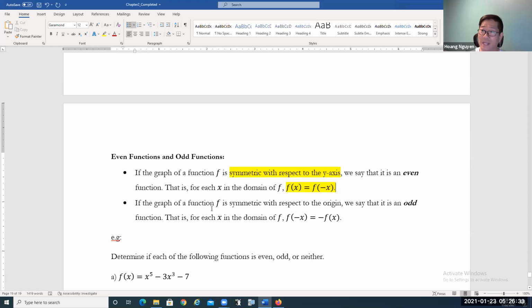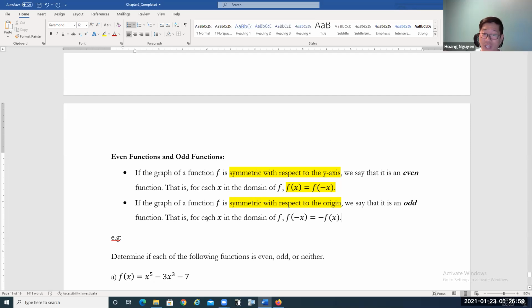Now let's take a look at the next definition, odd function. If the graph of a function f is symmetric with respect to the origin, we're going to say that this is an odd function.